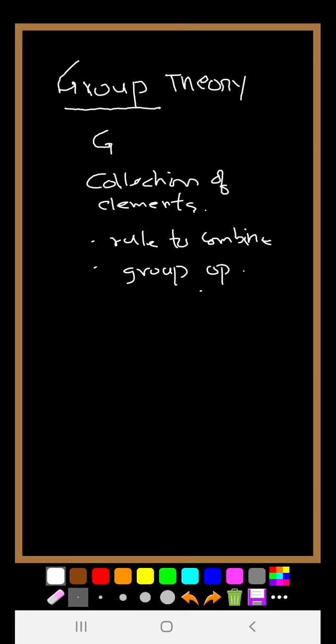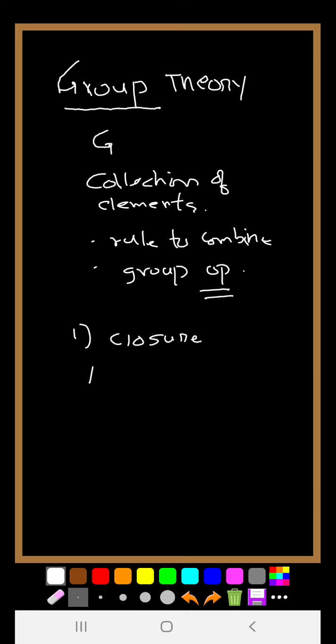Now, this group operation has to satisfy certain properties. There are four properties which the group operation must satisfy. The first property is called the closure property.